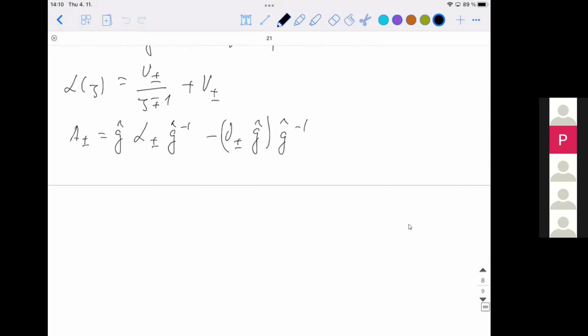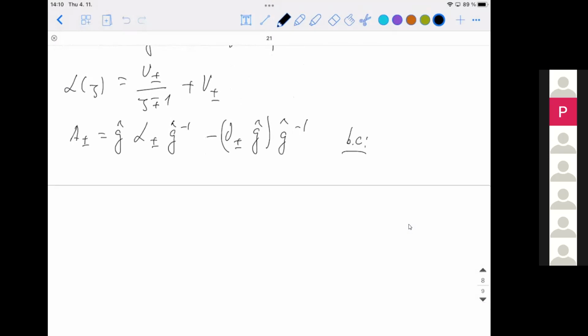So the boundary condition would be as 0, and here that's the G hat at infinity is identity.